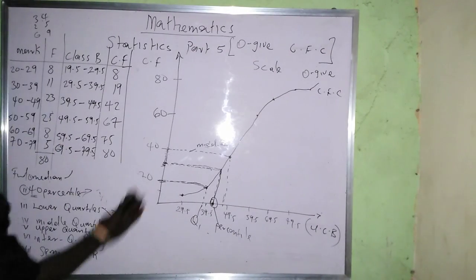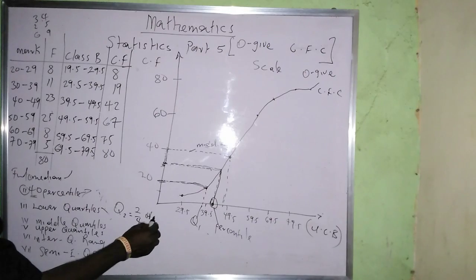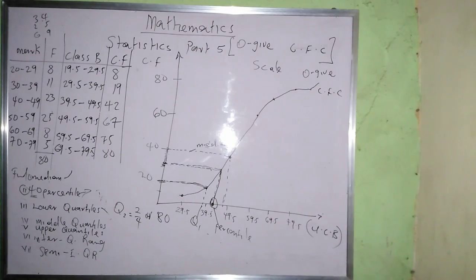The next one is, I want to get my middle quarter range. My middle quarter is always Q2, which equals 2 all over 4 of the cumulative frequency, which is 80.